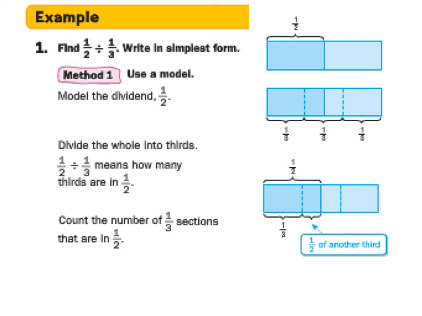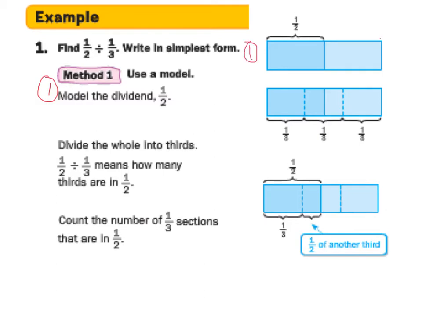So starting off here with example 1, they're using two methods. They are going to use a model. And to be quite honest, I think the model is confusing. I'll label it out for you. They say first, let's go ahead and use this problem of 1/2 divided by 1/3. And so for step 1, they said go ahead and use the model to model the dividend, which is 1/2. So that's up here, step 1.